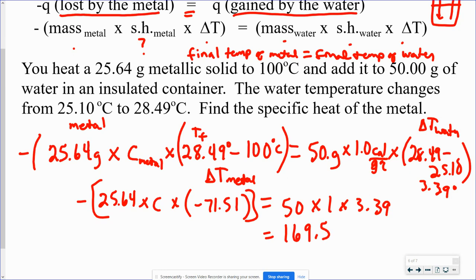169.5 on that side. And over here, I have 25.64 times negative 71.51. And then there's a negative sign here too.